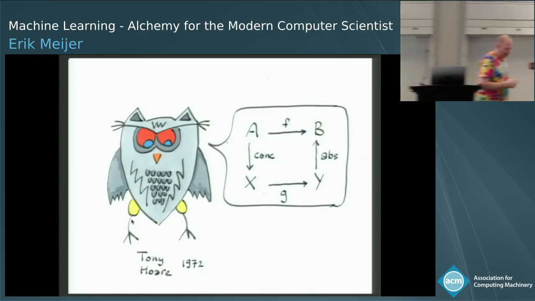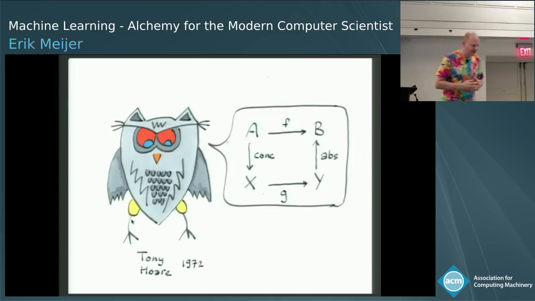And Tony Hoare already noticed this in 1972, when he was talking about how you have an abstract function f that you want to implement in terms of some concrete function g, and now you have to make this diagram commute by giving concretization and abstraction functions.